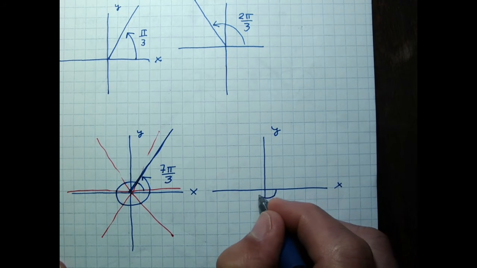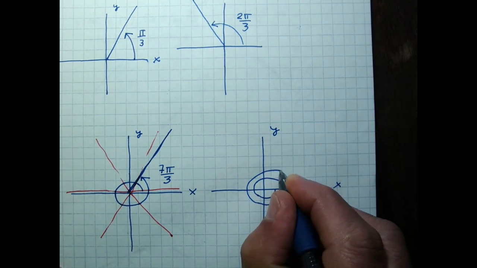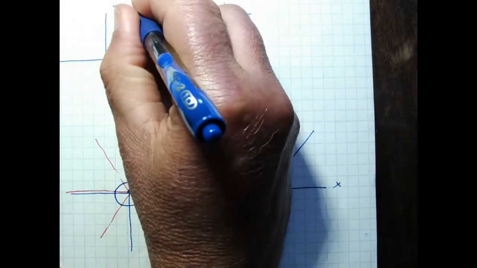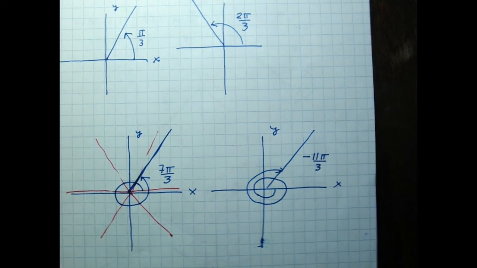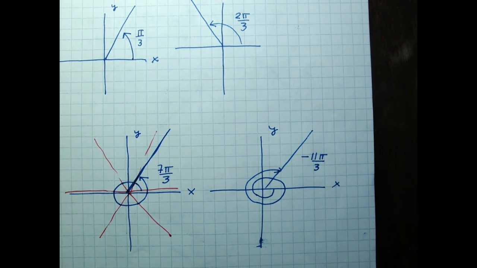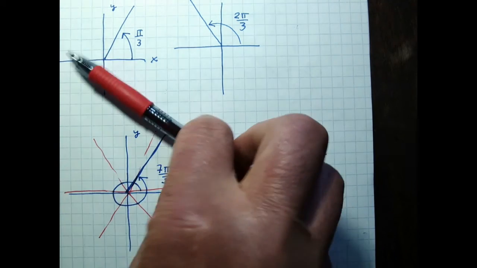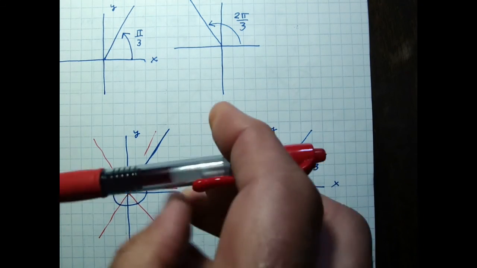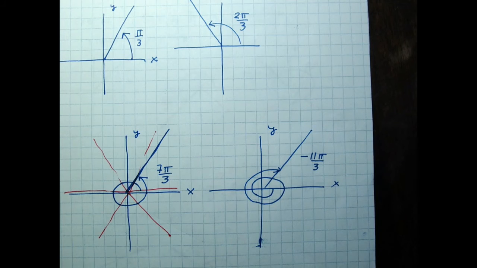So I'm going in the negative direction, just short of 2 full rotations. That's the same terminal side as pi over 3. Negative 11 pi over 3 has its terminal side in the first quadrant. So if I counted negative 1, negative 2, negative 3, negative 4, negative 5, negative 6, negative 7, negative 8, negative 9, negative 10, negative 11 pi over 3.